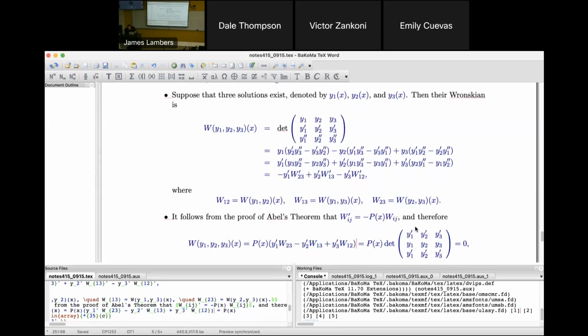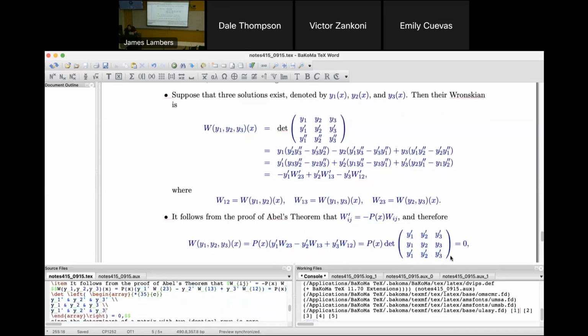And then I go to the next part of my cofactor expansion. I have minus y2 prime times the determinant of this matrix, y1, y3, y1 prime, y3 prime. That's a Wronskian of y1 and y3. And then I go to the last term of my cofactor expansion. I have y3 prime, determinant of this 2x2 matrix, y1, y2, y1 prime, y2 prime. That's a Wronskian of y1 and y2.